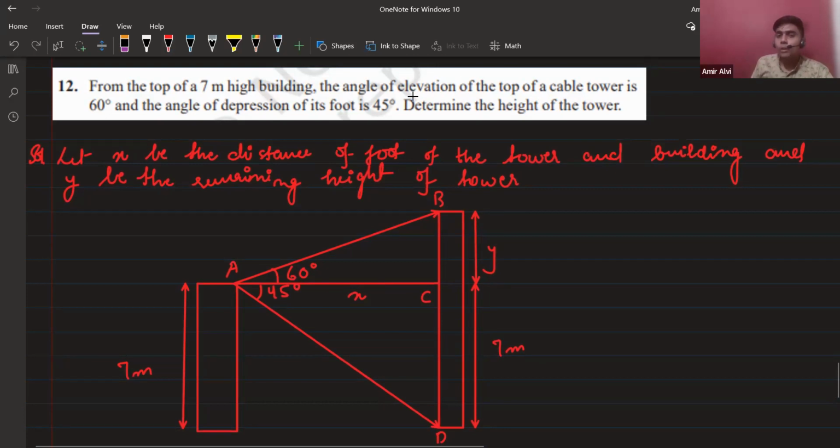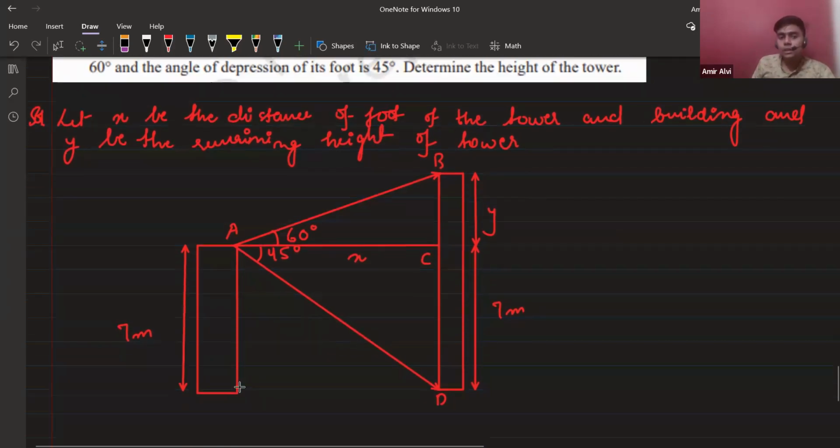It says that from the building, the angle of elevation of the top of a tower is 60, and the angle of depression of its foot, of the cable tower, is 45. Clear, everybody? This is D and this is E, suppose. Clear?